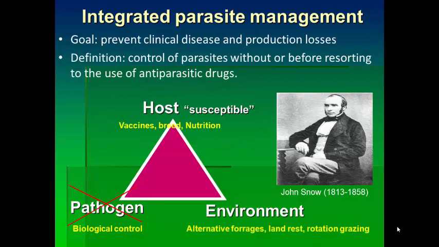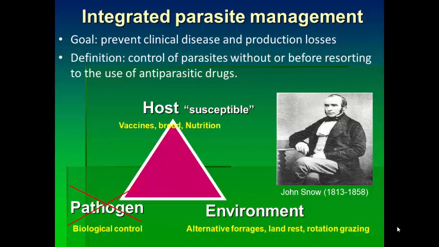And we can also intervene at the level of the environment of the animals. In the case of John Snow, it was clear that avoiding drinking water contaminated from the River Thames was the answer. And in our case, it entails everything that we can basically do to break the free living stages of the ticks in the environment or the pastures where the cattle are grazing. They call John Snow the father of modern epidemiology for his work.